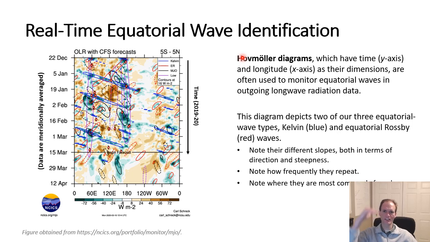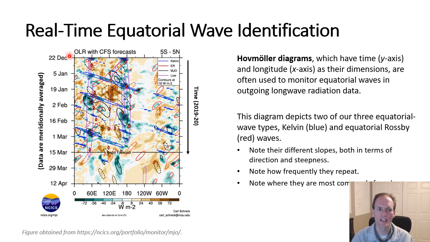And so we can see the time and space progression of data using these Hovmöller diagrams. So these are frequently used to monitor equatorial waves and outgoing long-wave radiation data. So the color shading that you see here on this diagram, this is a period of time from December 22nd, 2019 to April 12th, 2020.